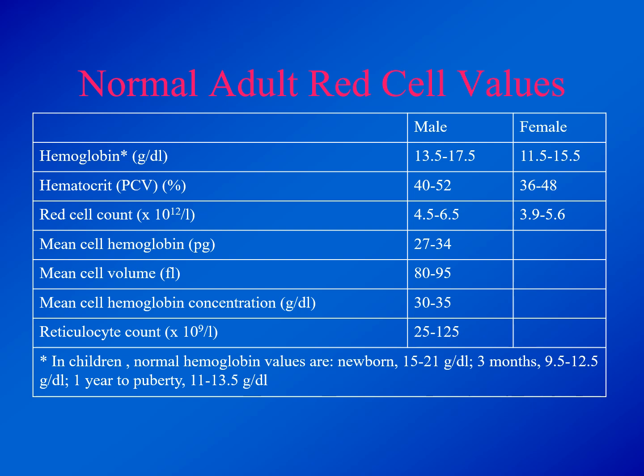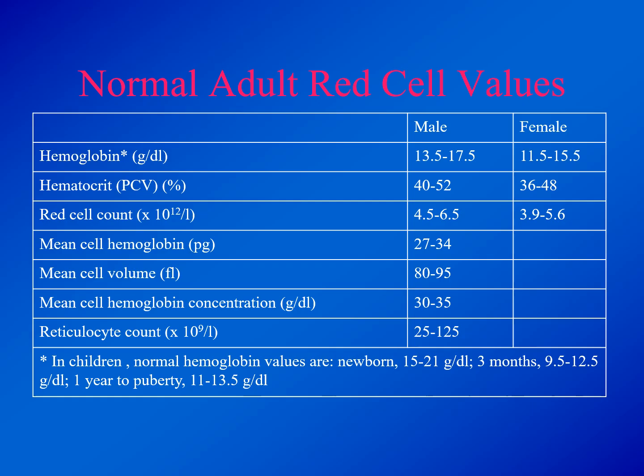The mean cell volume, or referred to as MCV, is very important. You have to always look at the MCV, because we tend to classify anemias according to the average size of the red cells. The normal is 80 to 95 femtoliters, or cubic micra.